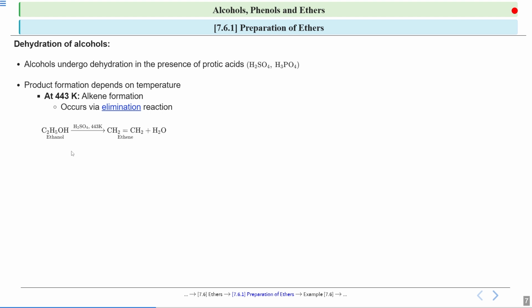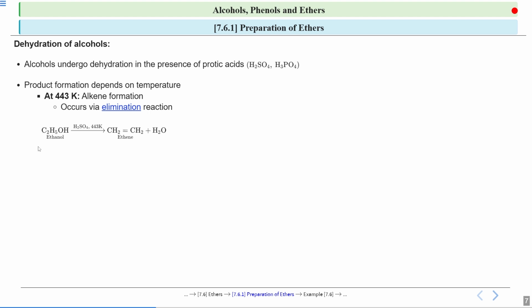So what happens first, if this is your alcohol? We protonate this alcohol, so it becomes OH2 plus. Now this oxygen will have a positive charge. So the OH2 group will leave from here, and a carbocation will generate on this carbon.